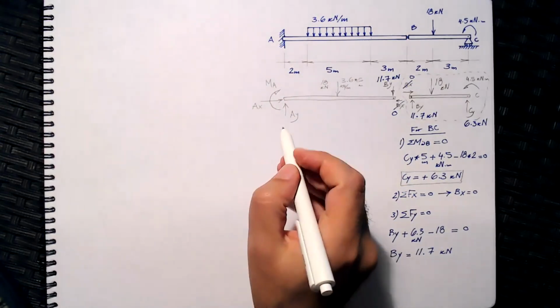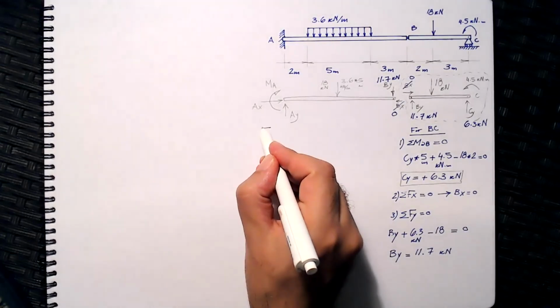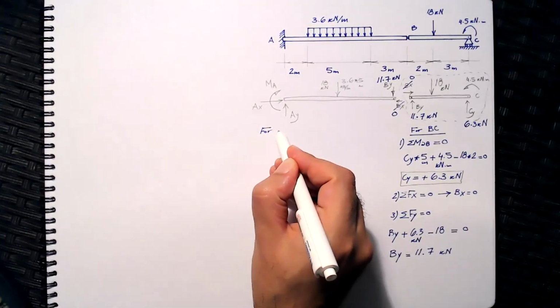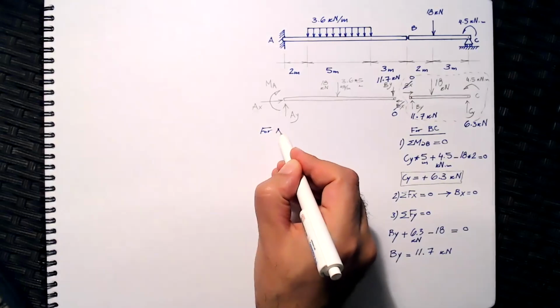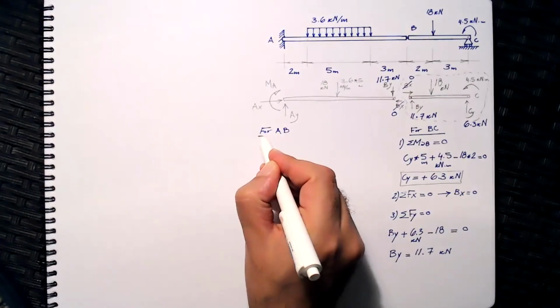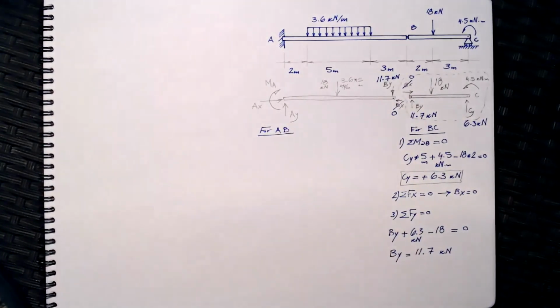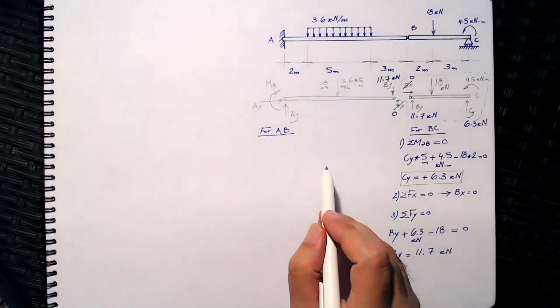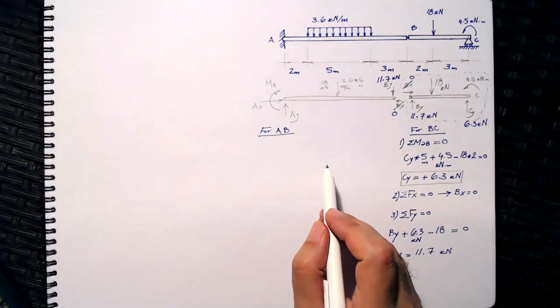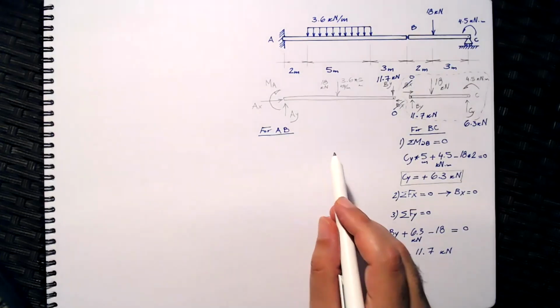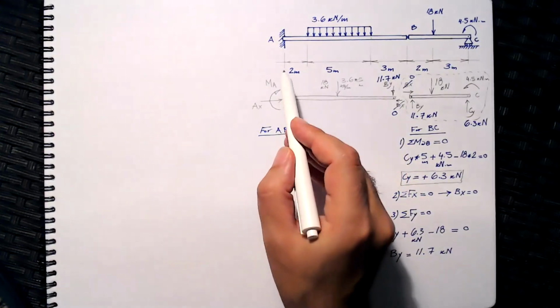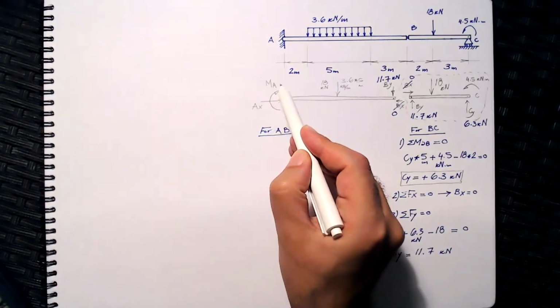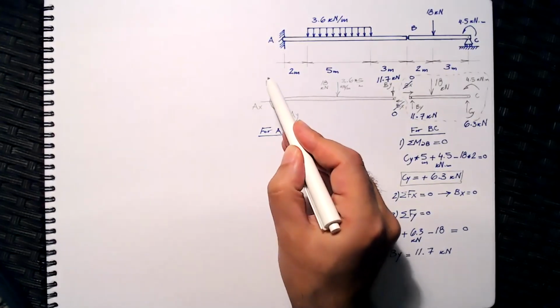That leaves us with just 3 unknowns at A. So for part A, B, I will consider the equilibrium equations. So what equation do we want to apply first? I could say, let's figure out the fixed moment MA first.